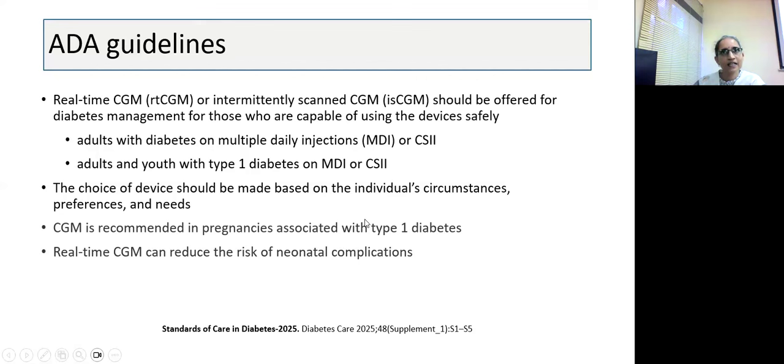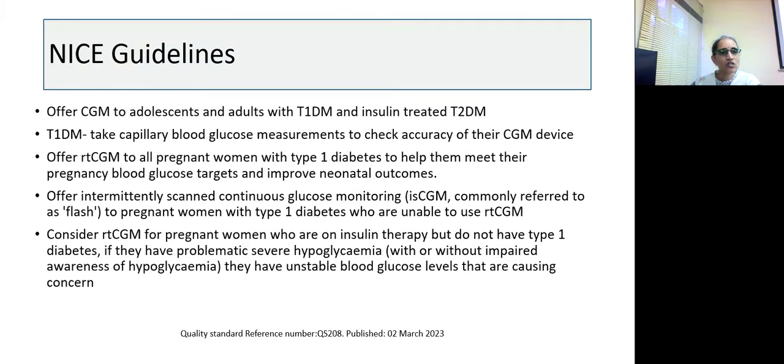And the choice of device again depends on the circumstances, the availability, and for those using pumps, the compatibility with the pump. CGM is also recommended in pregnancies associated with type 1 diabetes specifically, and also in type 2 diabetes where you have difficult to control diabetes. And real-time CGM has been shown to reduce the risk of neonatal complications. The NICE guidelines also recommend using CGM both for type 1 and type 2 diabetes.